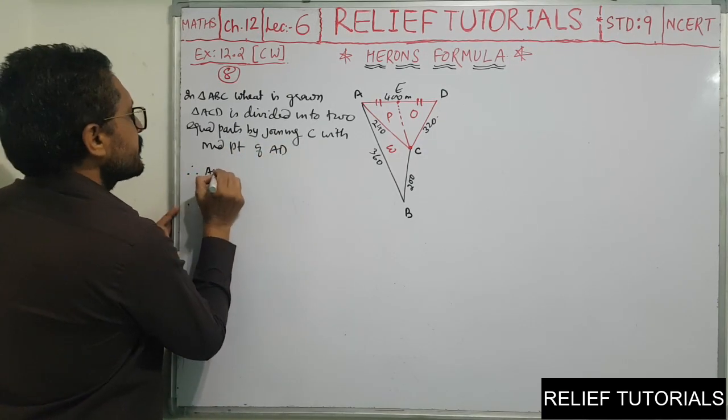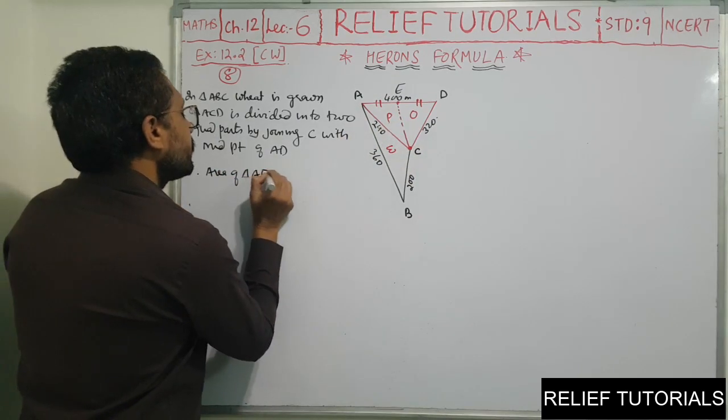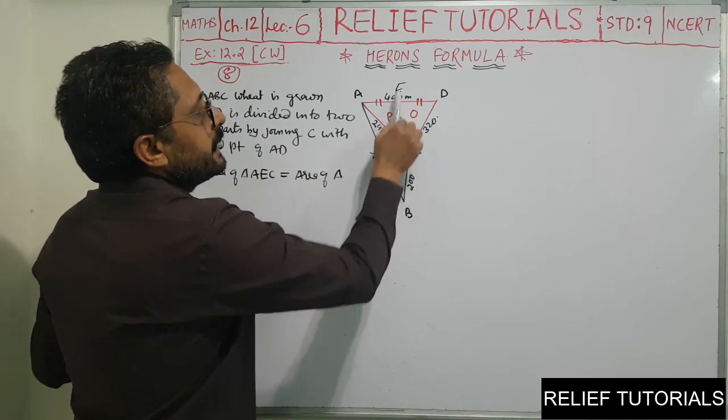So we can say area of triangle AEC is equal to area of triangle ECD.